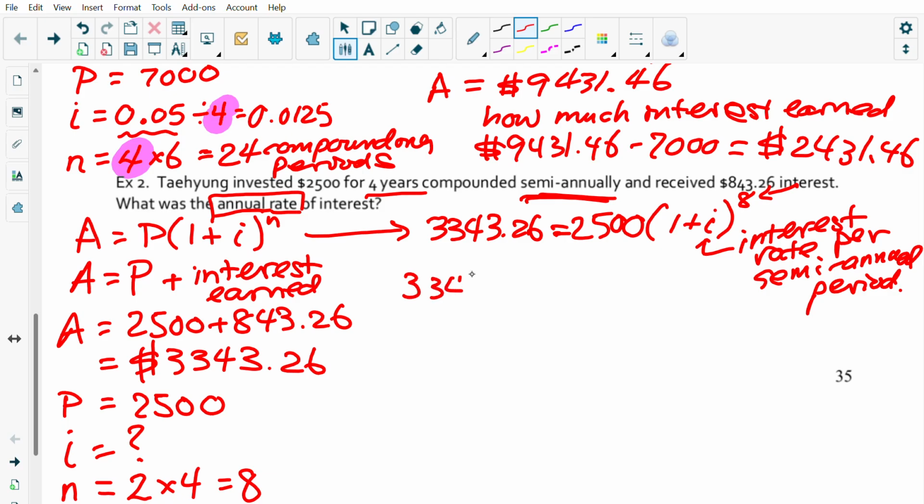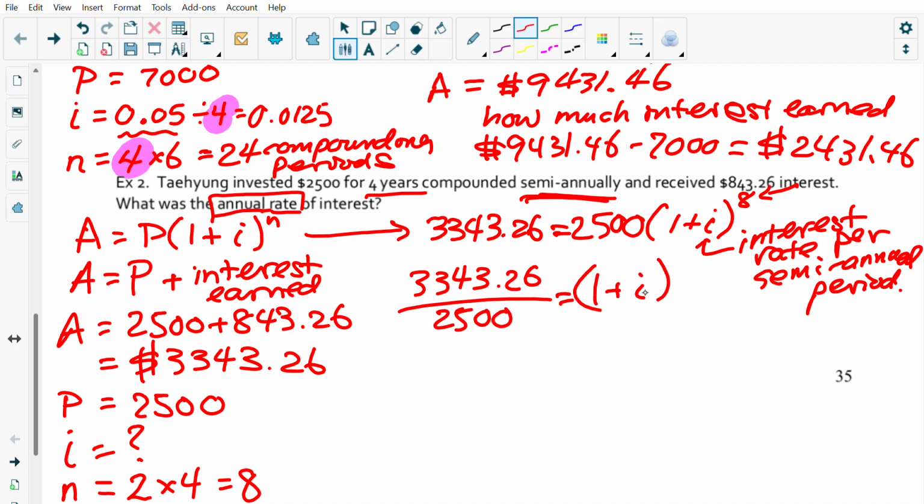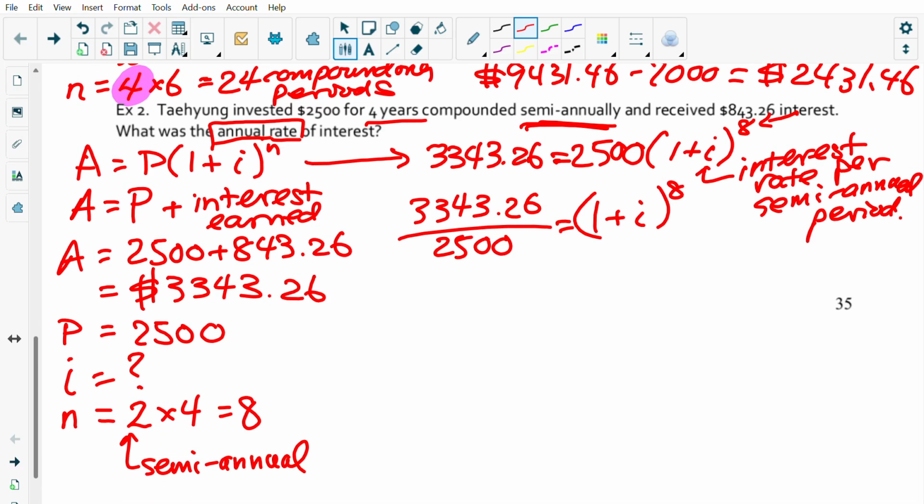Let's clean this up. $3,343.26 equals 2,500 times (1 + i)^8. I'm going to divide both sides by 2,500. Let's raise both to the 1/8 exponent.